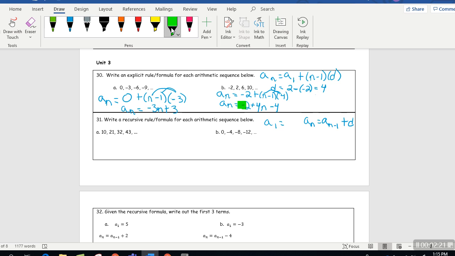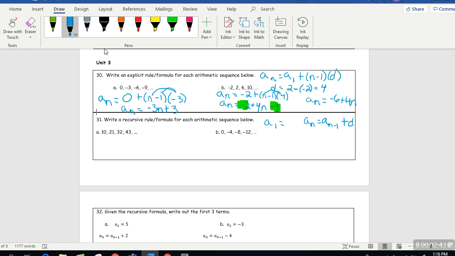We can combine like terms here, because negative 2, negative 4, that would simplify to a sub n equals negative 6 plus 4n.